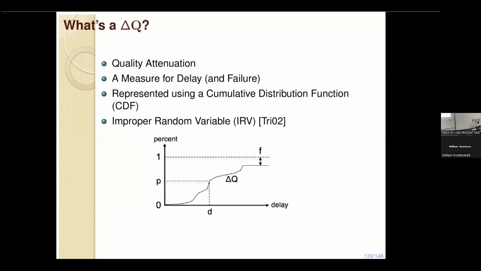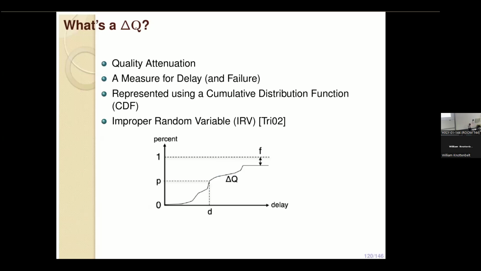Now, Peter introduced us to the important thing here, which is the quality attenuation. And the other Peter gave us the reasoning behind it, the philosophy. The philosophy is that you want to measure how far away you are from perfection.